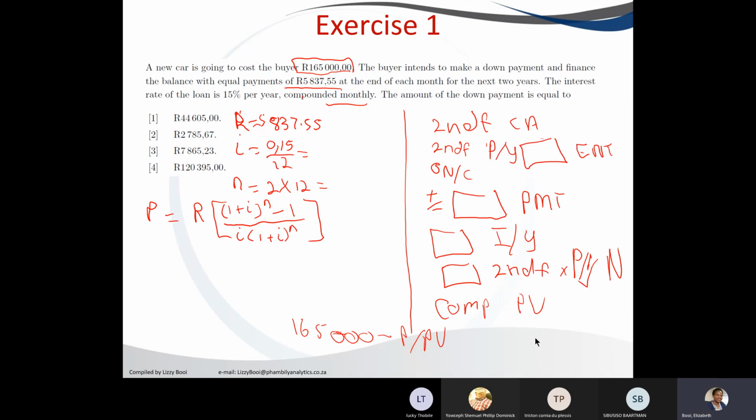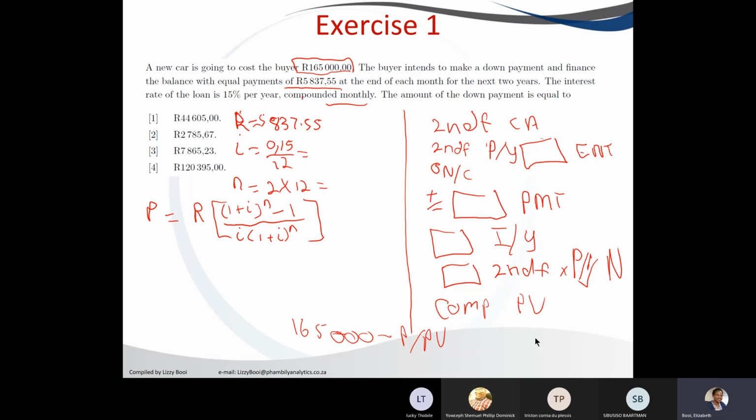What kind of calculators are you guys using? Can I have an indication of the calculators that you guys are using? Okay, I see. Now I understand why you will struggle. Yusuf, I think you also use a financial calculator because you did it previously.